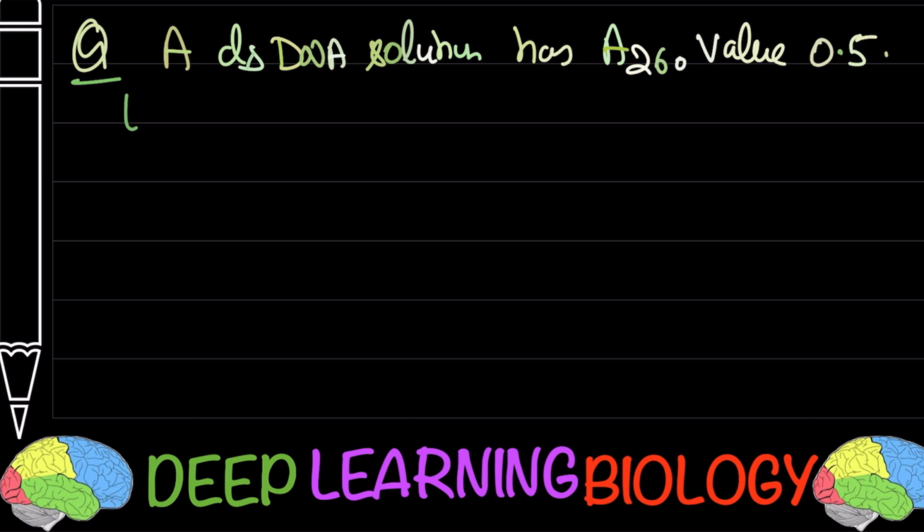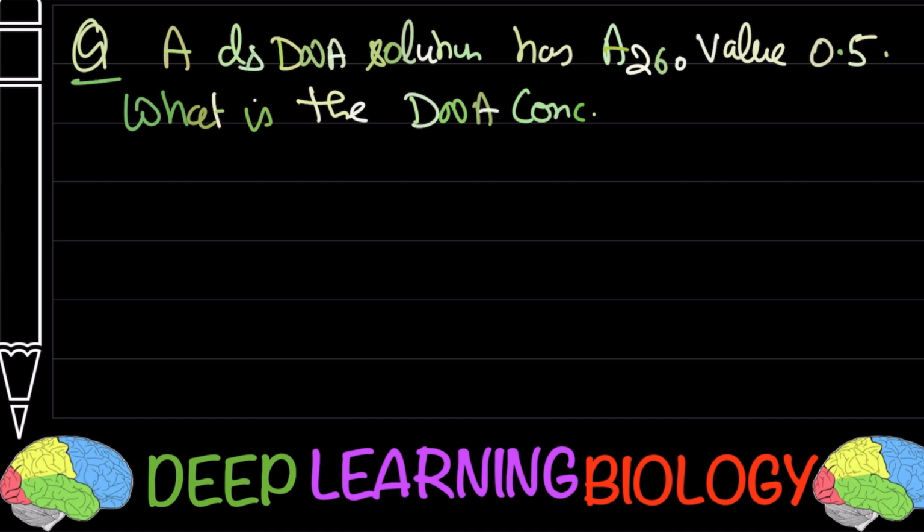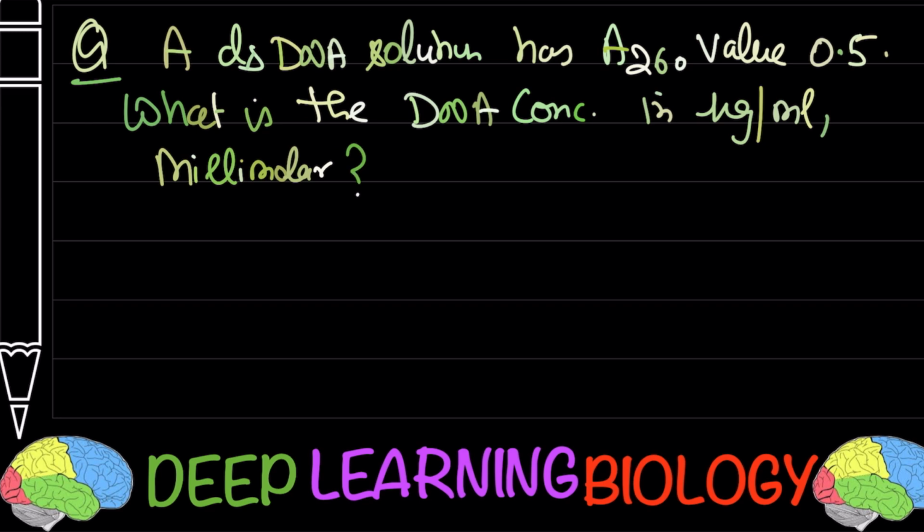What is the DNA concentration in microgram per ml and in millimolar? Now here, what they have mentioned is a double stranded DNA solution with absorbance 260 value 0.5. What is the DNA concentration? And you have to give the answer in microgram per ml as well as in millimolar.